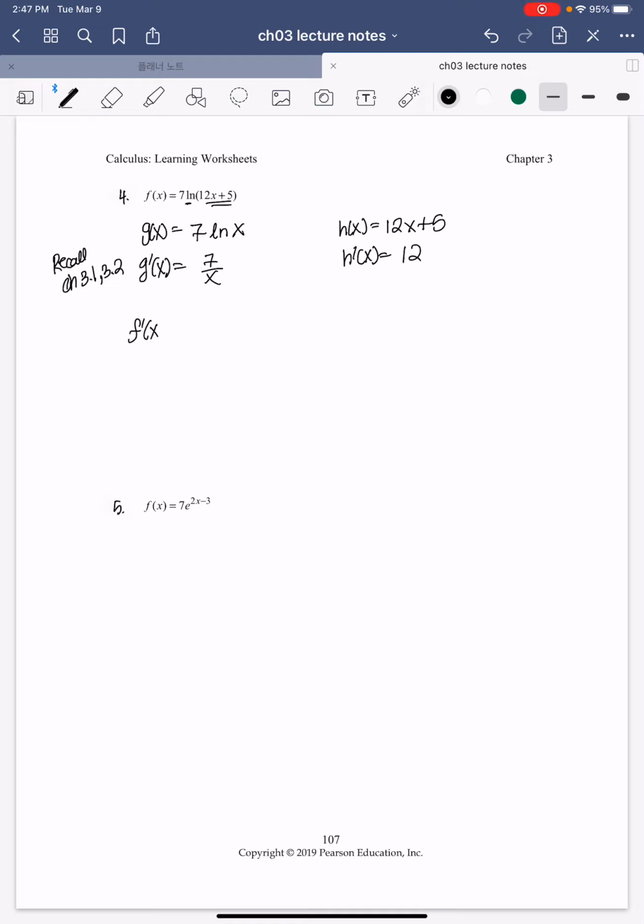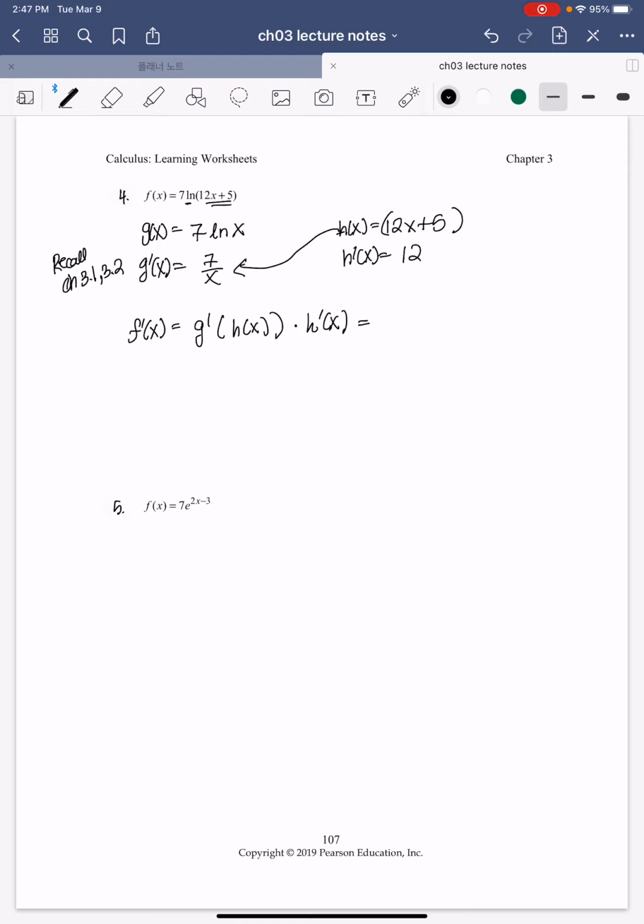f prime of x will be g prime of h of x times h prime of x. So I'm going to put this whole h of x in wherever you see x.